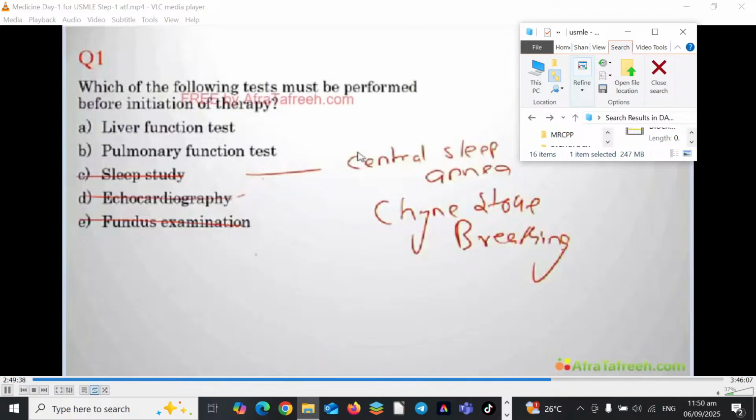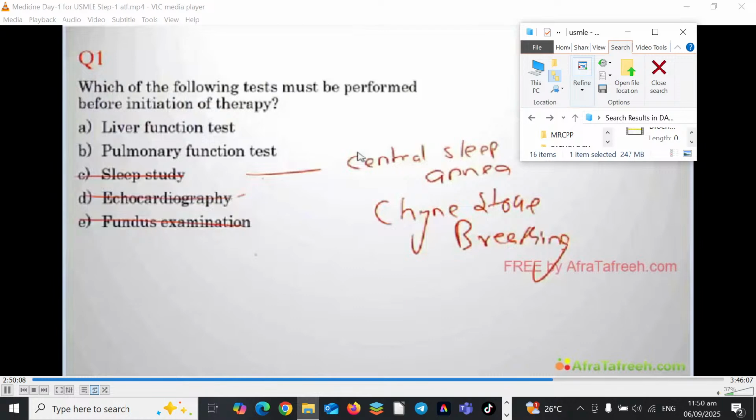So that's why you do a sleep study. That is the only indication for a sleep study in a patient with chronic heart failure. But having central sleep apnea does not contraindicate the use of amiodarone. So you can use amiodarone in patients with central sleep apnea, and that's why you ruled out sleep study.